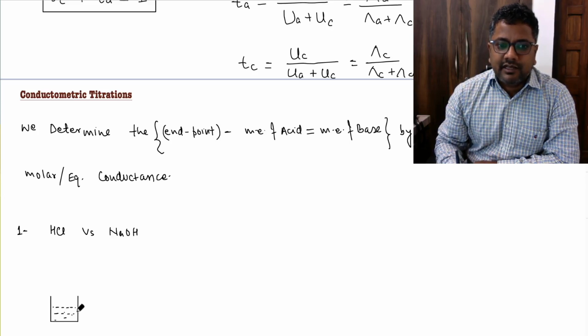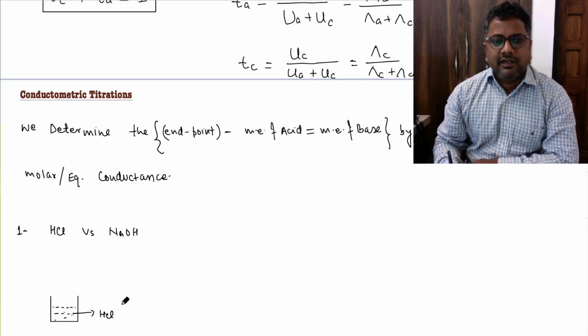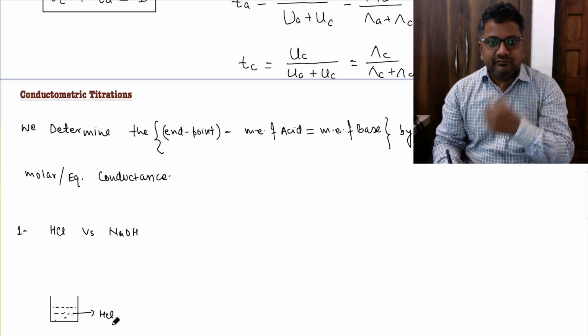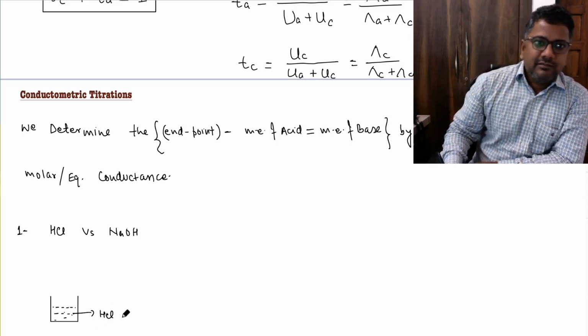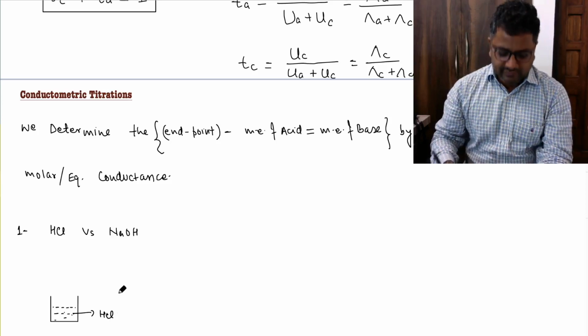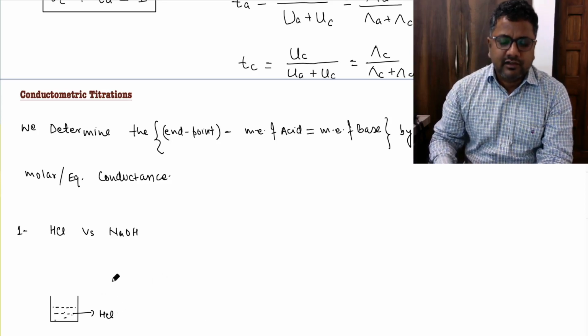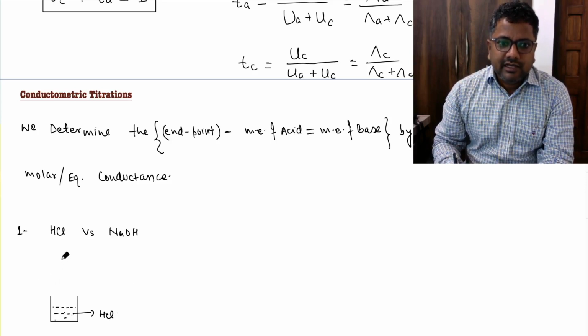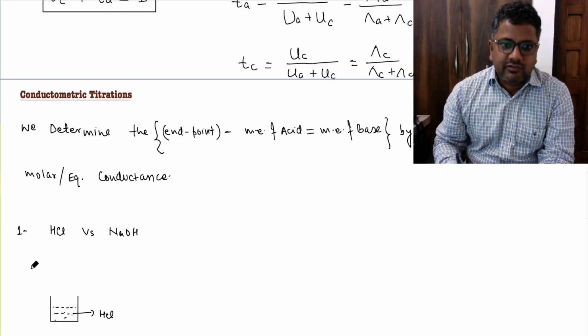In this case, I am taking HCl in the beaker. Whatever the normality and molarity of this is hardly matters for us, because we are going to measure the molar conductance. And we are adding NaOH to this beaker drop by drop. So NaOH is in the burette basically.